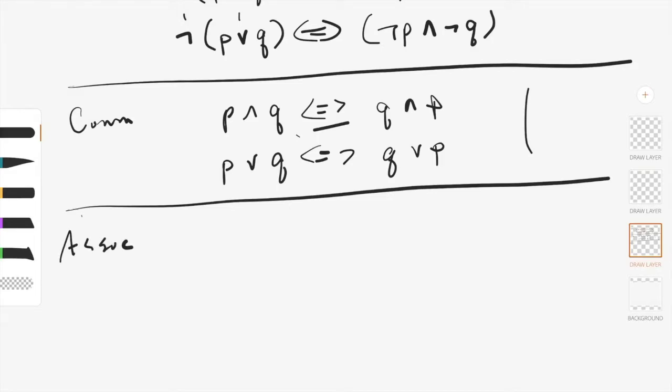And so commutation is about order. Sometimes this is called the commutative property in mathematics. Association is about grouping. As with many of these, there are two different versions of this. So let's look at P or Q or R is logically equivalent to, and then basically here, whoops, I'm missing parentheses.